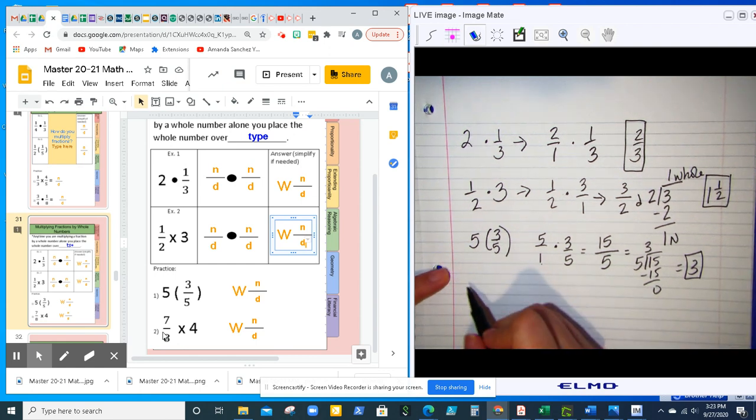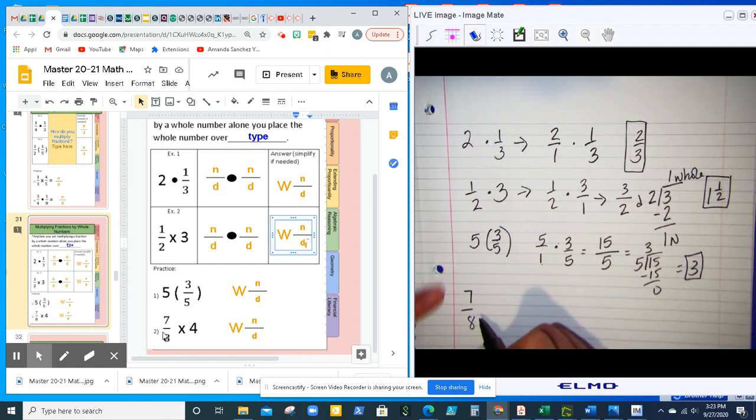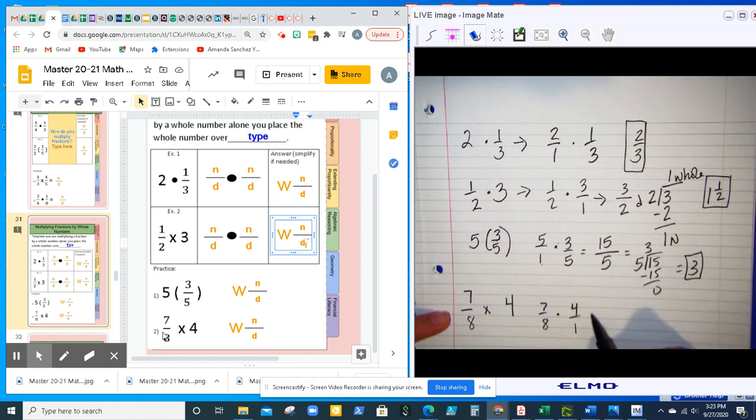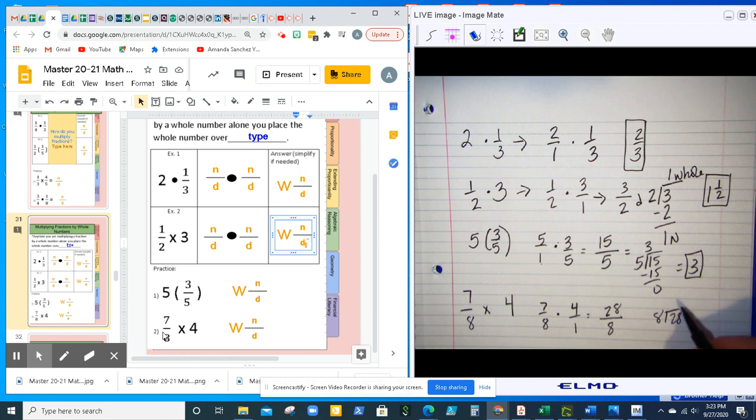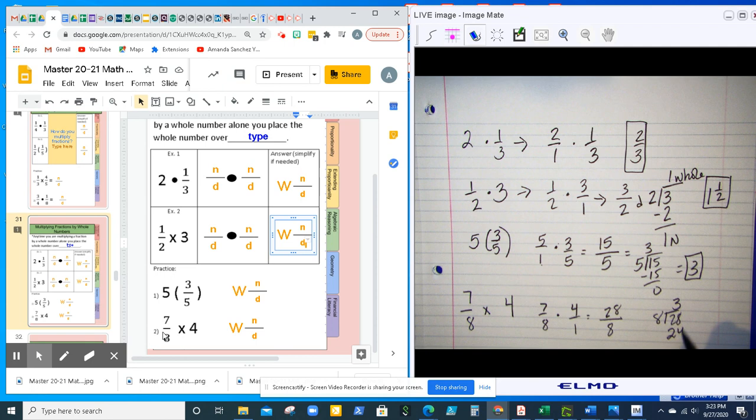And then the last one is 7 over 8 times 4. This becomes 7 over 8 times 4 over 1. And you multiply across. So 7 times 4 is 28, and 8 times 1 is 8. 28 divided by 8. 8 can go into 28 3 times, which would be 24.